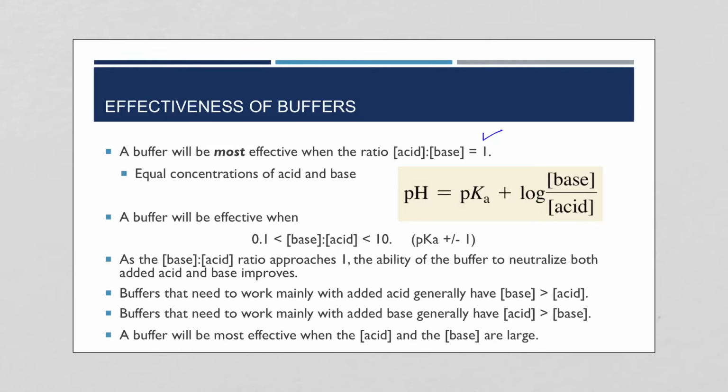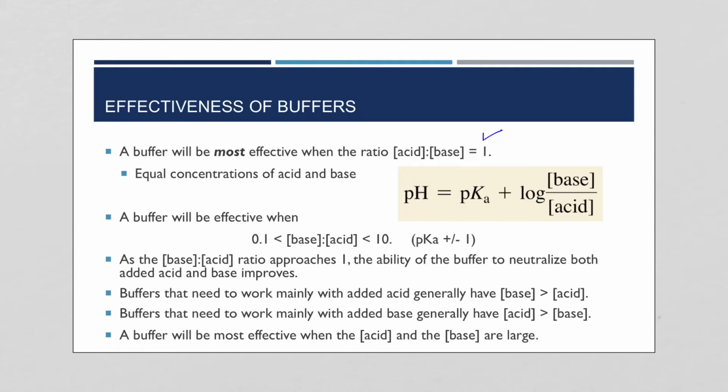That's all that means. Now, another way of thinking about that is this allows a pKa plus or minus 1. That's sort of what is setting this limit. And we'll talk more about that maybe as we go through this.